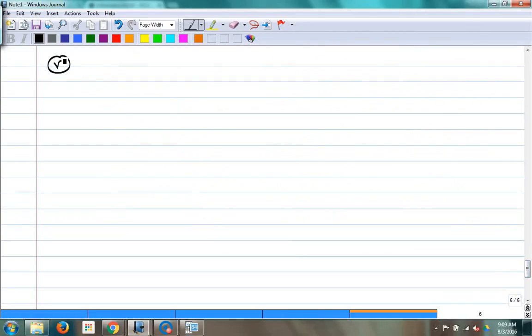Example R. Square root with a 2x minus 6 on the inside.